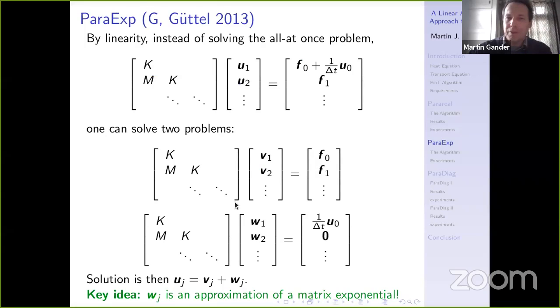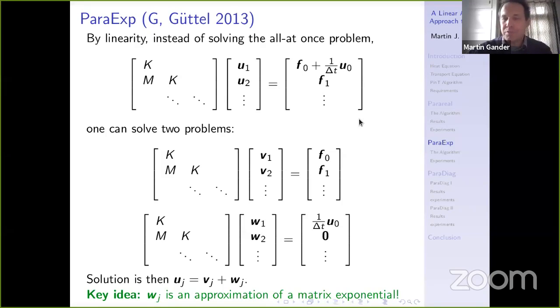One problem has only the right-hand side source terms f, and the other problem has only the initial condition u and no right-hand side. Now, by linearity, if we solve these two problems, then we can just sum them and we get the solution of the original problem.